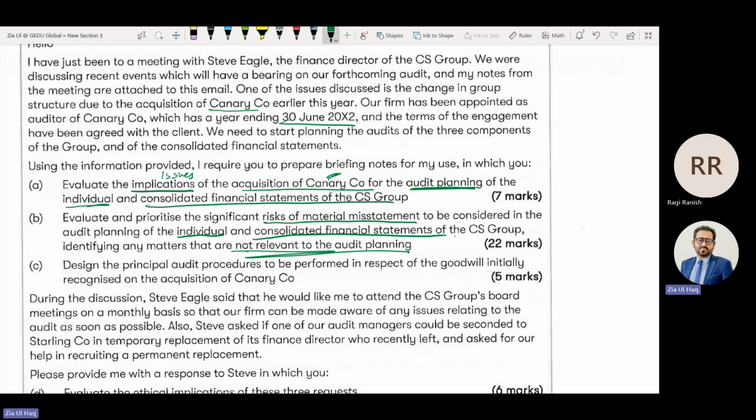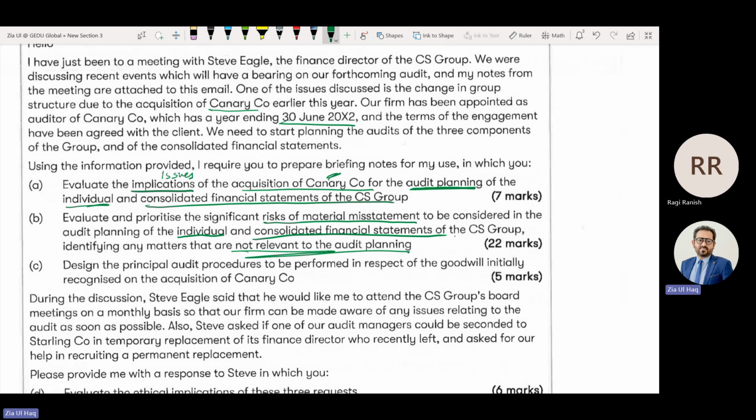It will depend upon the question, how much information for one issue is given. We need to discuss that many points, and one issue can be discussed for 4 or 5 marks as well.